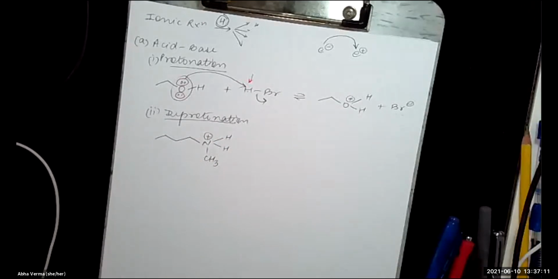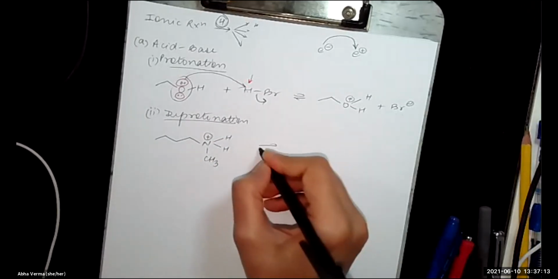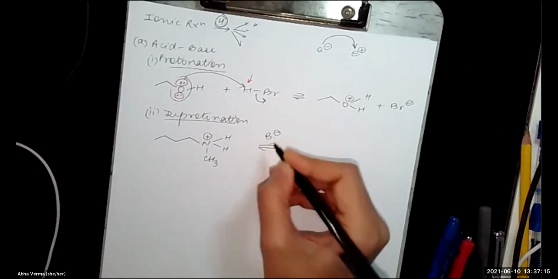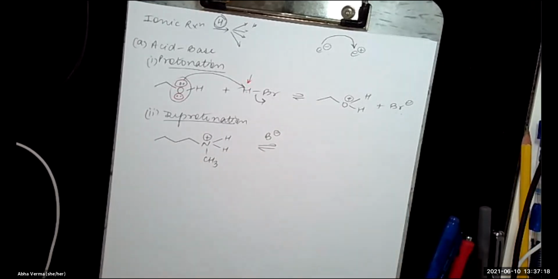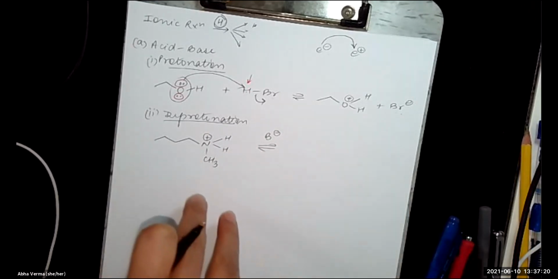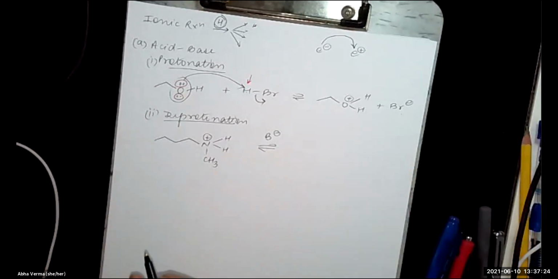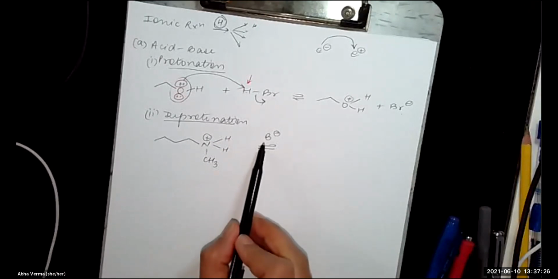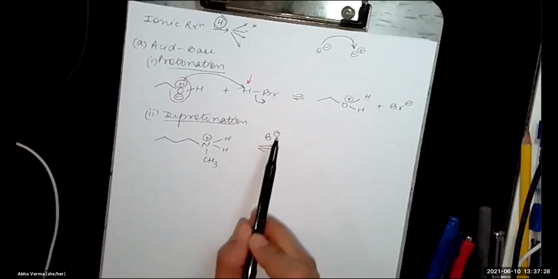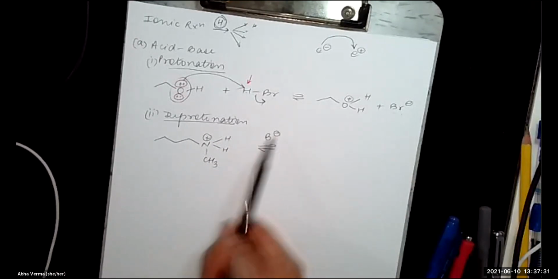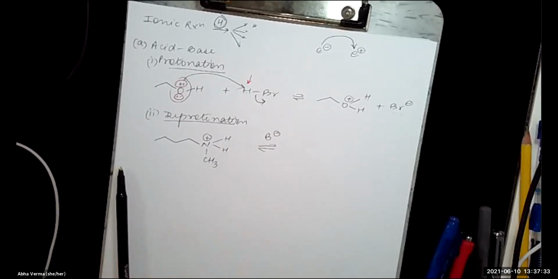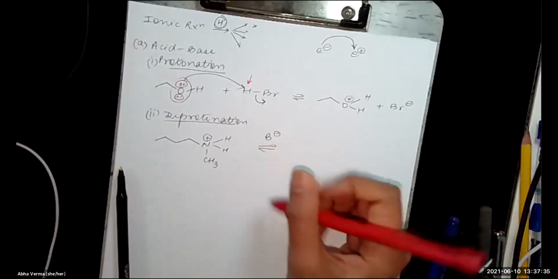Let's say we have a system like this. A base will appear. Where does this base appear from? It could be anywhere. It can be within the system, or it could be introduced from outside the system. It does not matter as long as you know a base has a negative charge. So B with a negative charge is the short form for base.